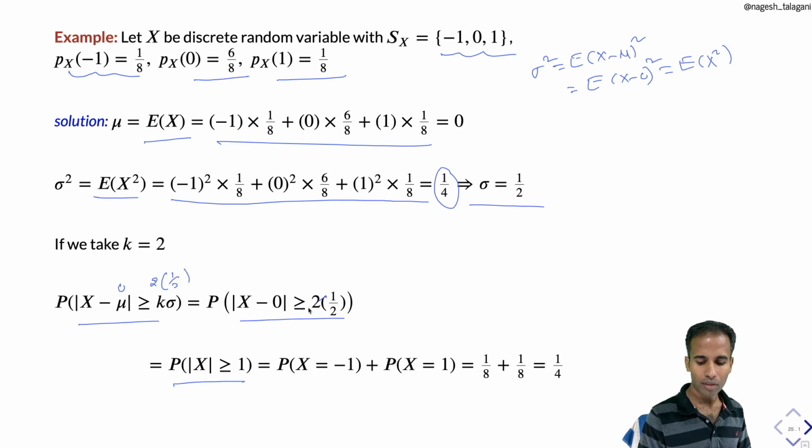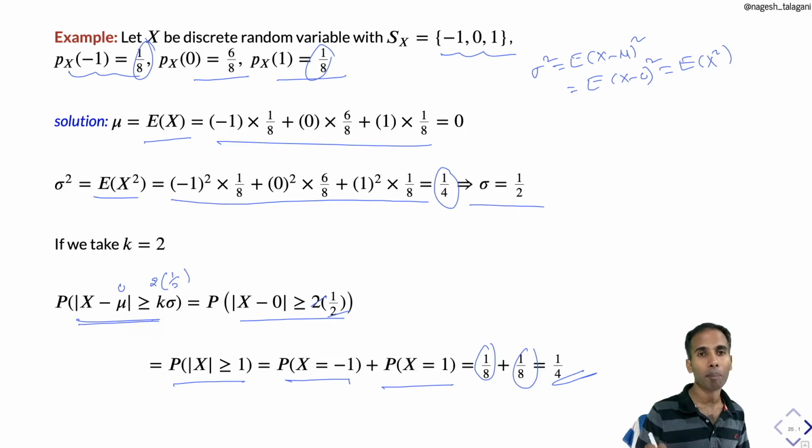Now the probability of |X| greater than or equal to 1 means X can be either -1 or 1. So it's going to be probability of X equal to -1 plus probability of X equal to 1, which is 1 by 8 plus 1 by 8, so 1 by 4. So the actual probability of this event from the probability distribution is 1 by 4.